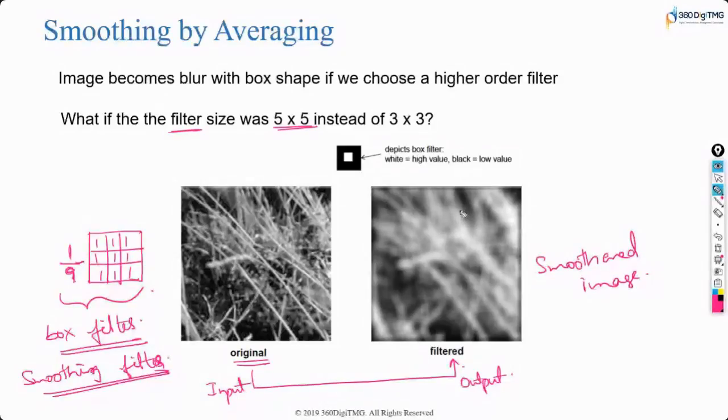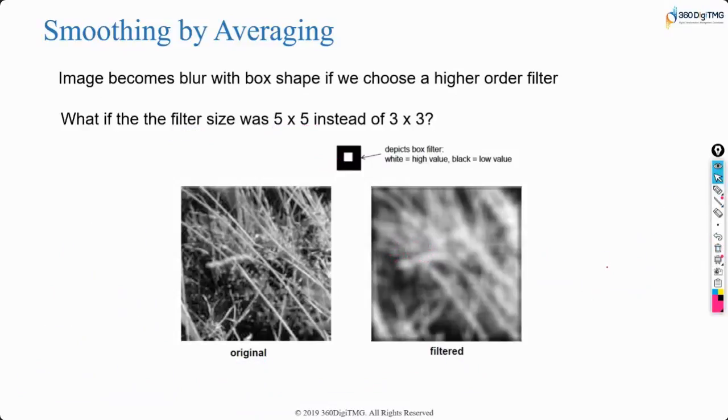And one disadvantage here is that you see that boxiness on the image. If you observe, you'll see that boxiness. That boxiness can be countered using a Gaussian filter.